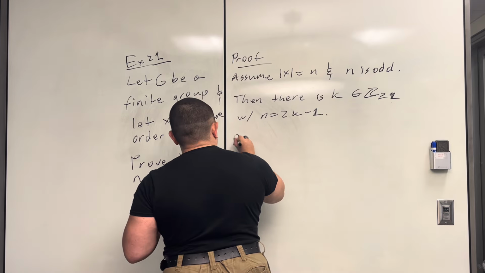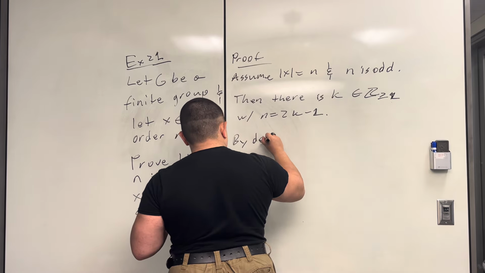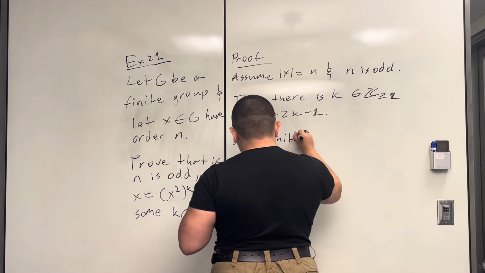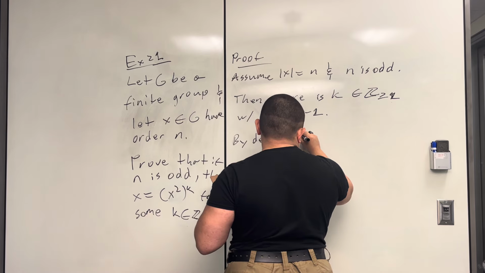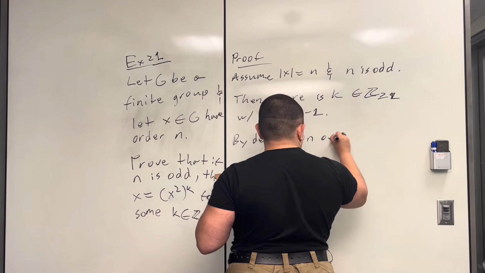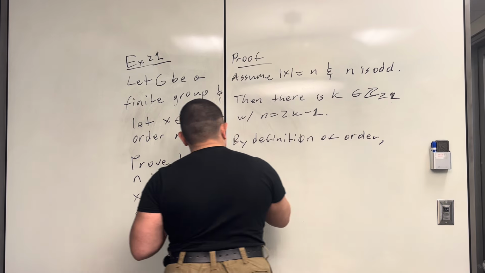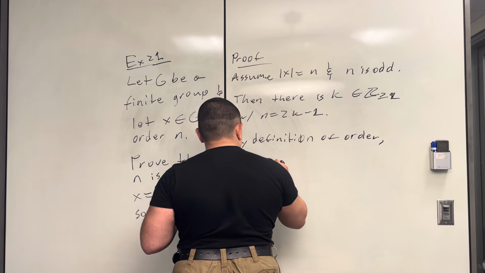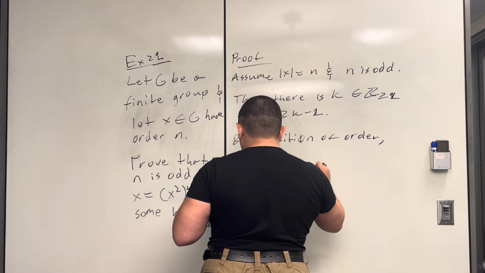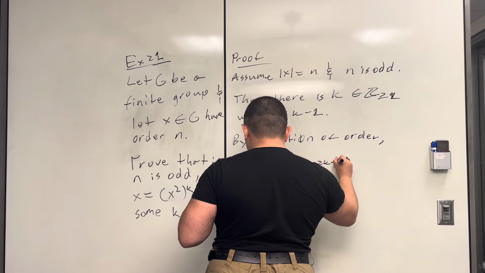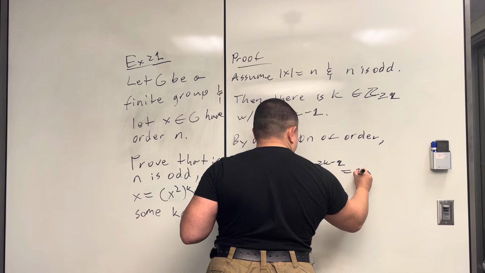By definition of order, we have that x to the n is equal to 1, which implies that x to the 2k minus 1 is equal to 1.